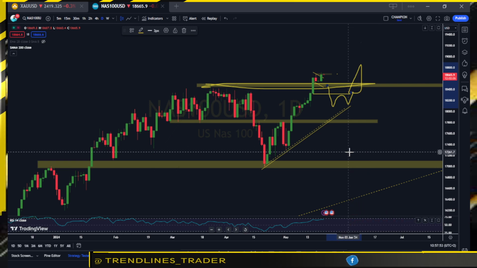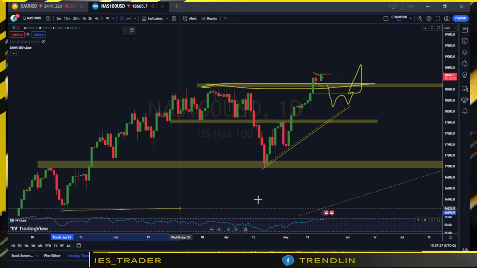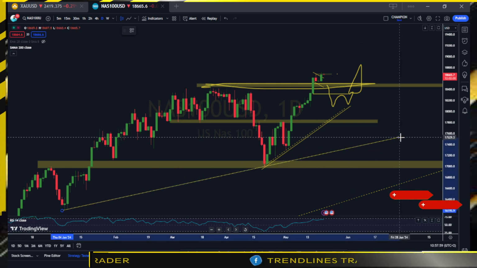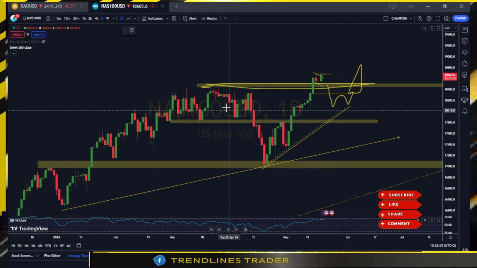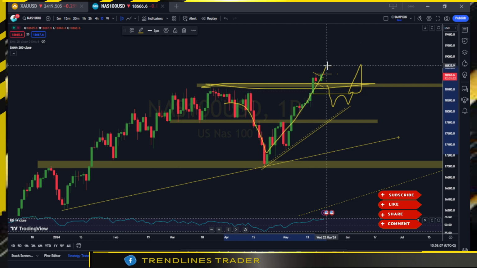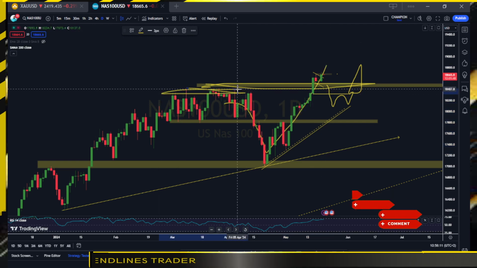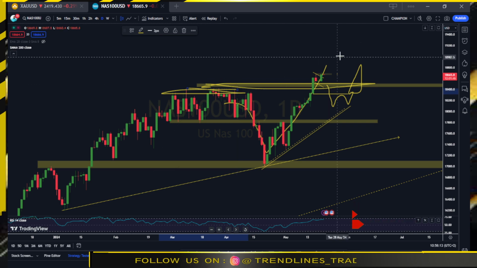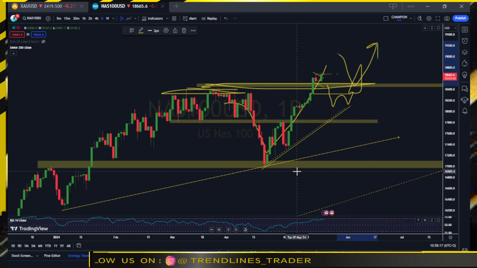The price is very much bullish. You can see this trend right here. The price previously had a pullback, and now we are breaking this previous higher high to create a new higher high before we push towards the upside.